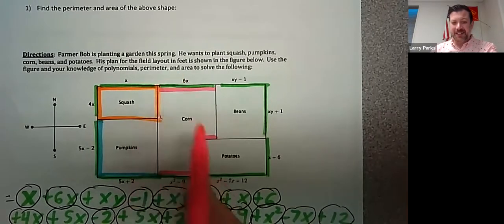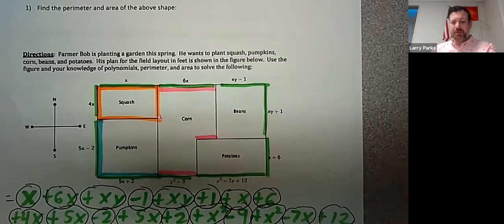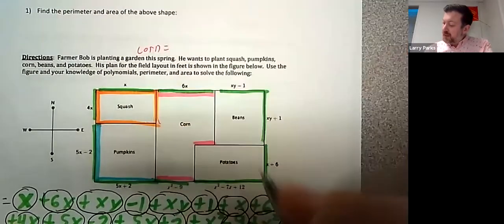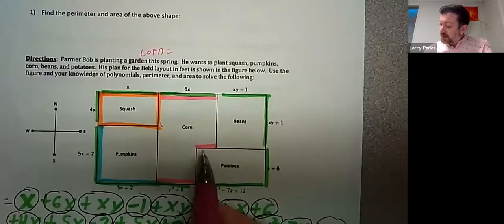So you have 6x plus 6x, that's 12x. Maybe I should write that down real fast. So for corn, this one takes longer. 6x plus 6x.